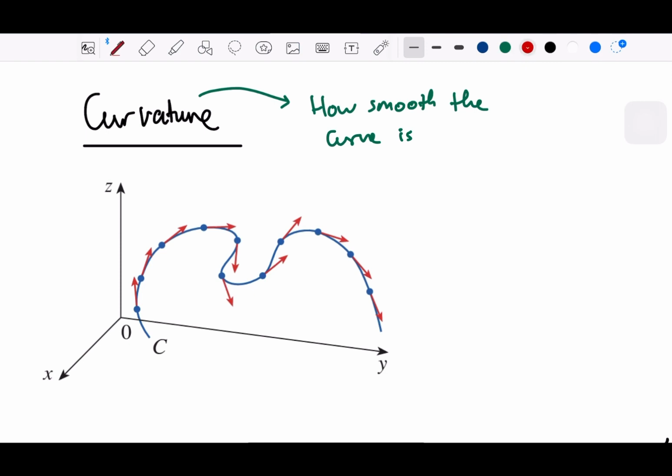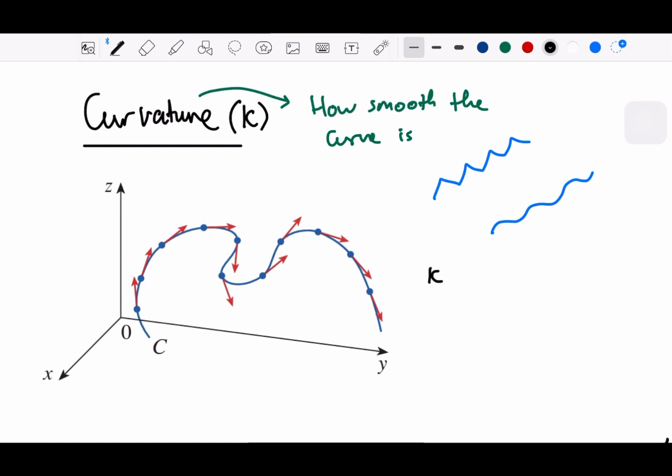So you can imagine smooth means that if we have maybe this and maybe this, you can see that they are different in terms of roughness, right? In terms of smoothness. So this is the symbol for the curvature.